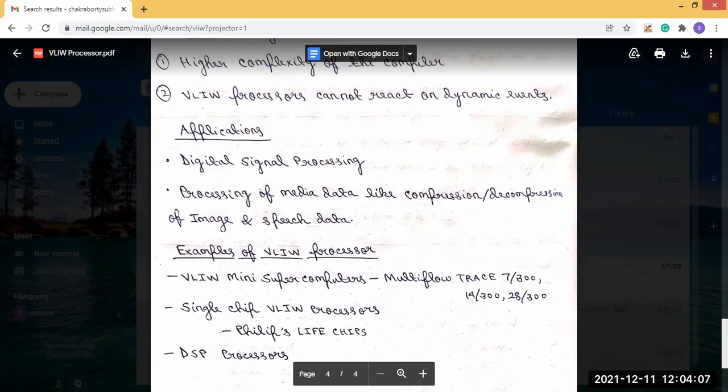The systems we use, like a PC, do not have a VLIW processor. A VLIW processor is only required when we have a large volume of data, like 1 GB, 2 GB, terabytes.